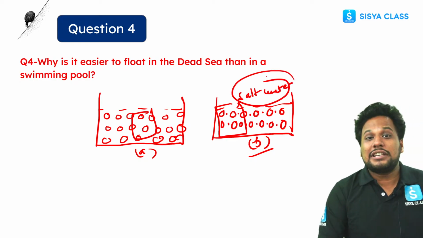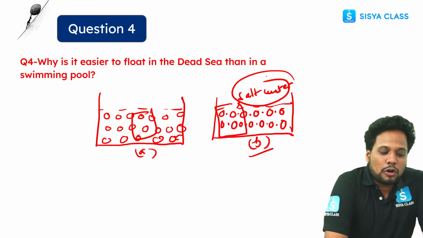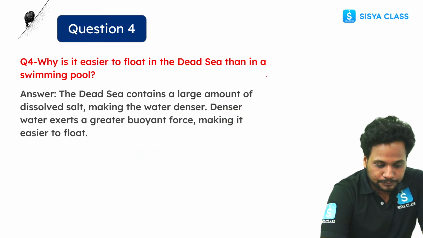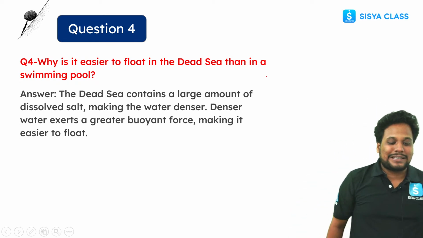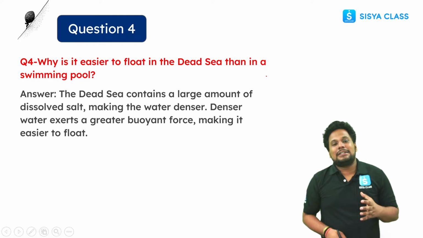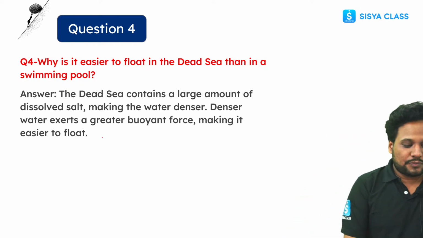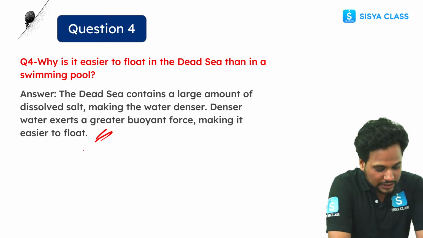So easier, not any object. It is easier for any object to float on salt water compared to normal water. So the Dead Sea contains a large amount of dissolved salt, making the water denser, and the denser water exerts a greater buoyant force, making it easier to float. This is clear? Any doubt in this question? You can ask me any doubt.